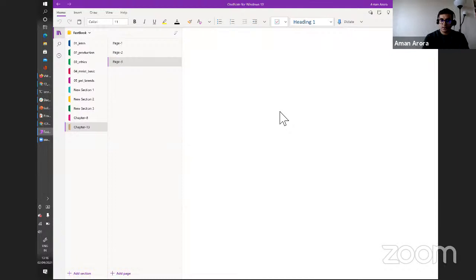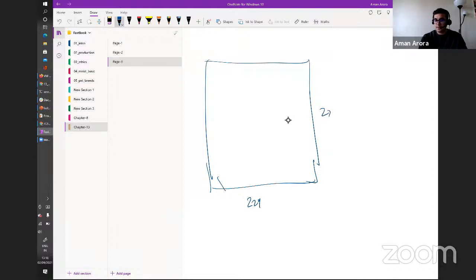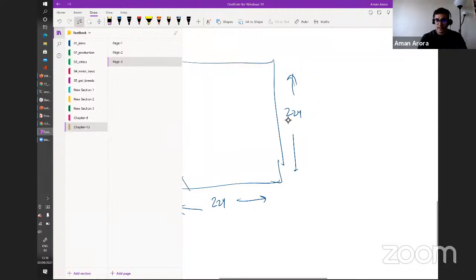Let's say I have my input image that looks like this. Let's say I just have a single channel input image, so the number of channels is 1, and let's say this is 24 by 24. And then let's say I have a convolution kernel that is also single channel, but is 3 by 3.